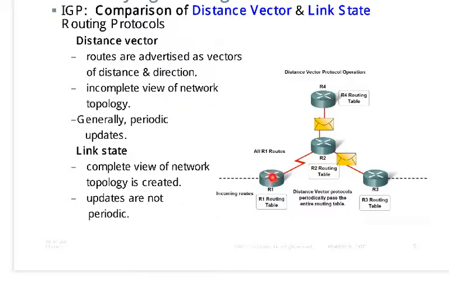So each router will form a message which has a distance vector to all the remote networks that are connected to it, and it will send it to router 1. Router 1 will say, okay, I will update my routing table accordingly.